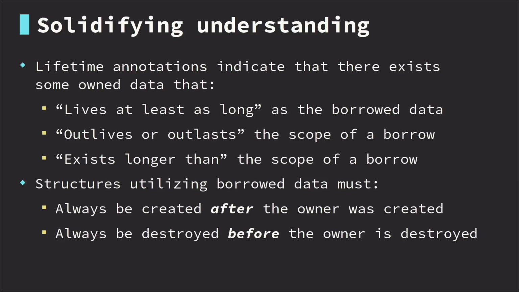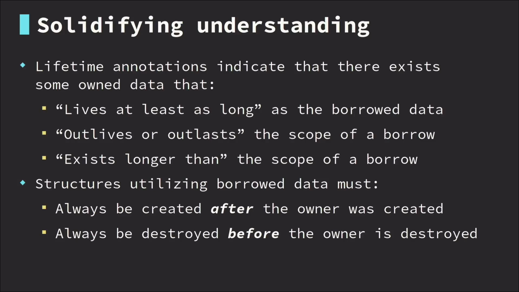There exists some owned data that exists longer than the scope of a borrow. So you can, for example, create a configuration structure in the beginning of your program, and then later in your program, borrow from it without issue, or store borrowed data from it, no problem, because that configuration exists longer than that scope.